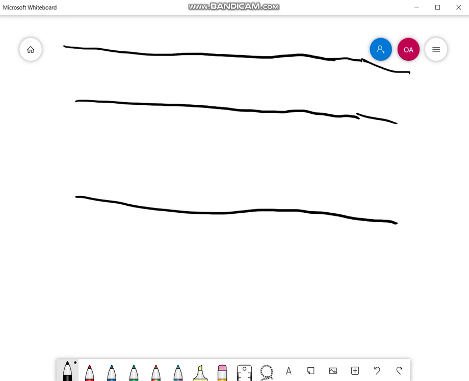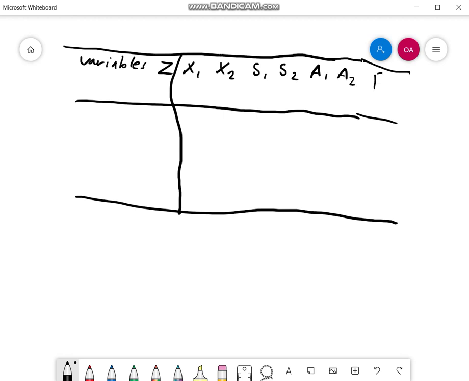So here I have my variables. I have Z, x1, x2, s1, s2, and a1, a2, right hand side. Then we have the optimality.